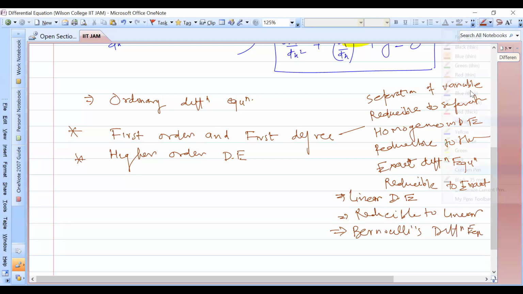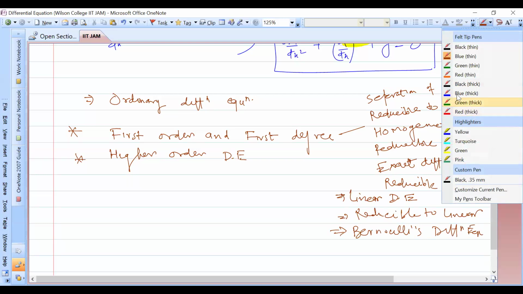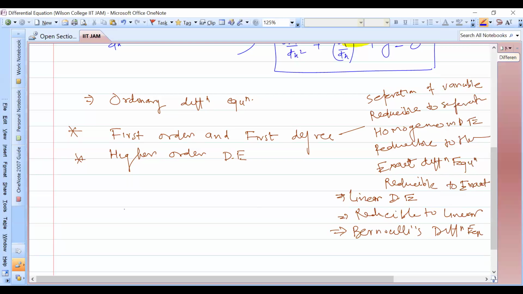And here the application of these things, have you seen orthogonal trajectory? What about orthogonal trajectory? This is the application of this differential equation. Agreed?